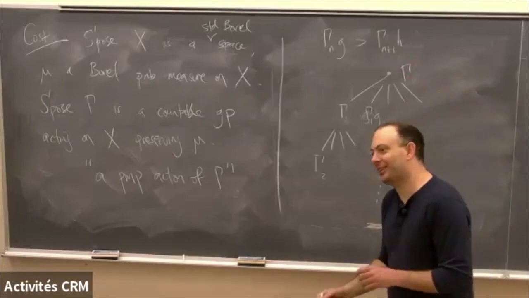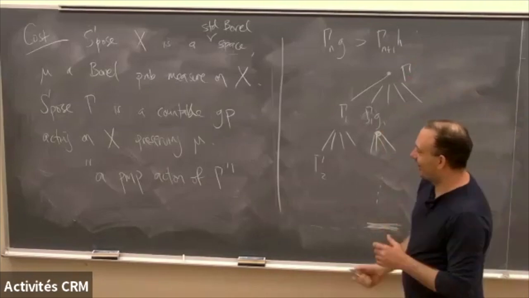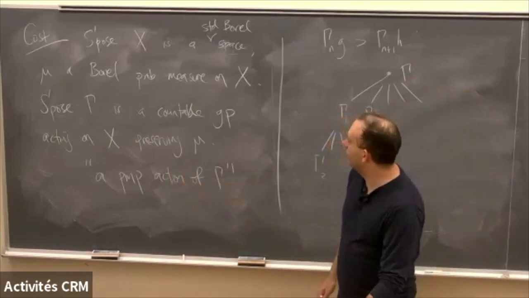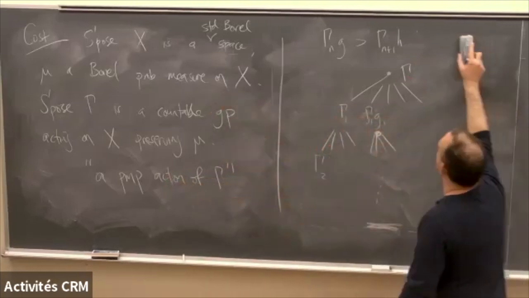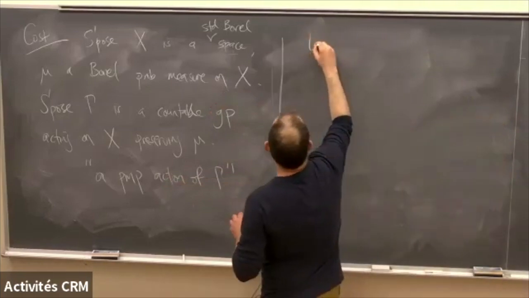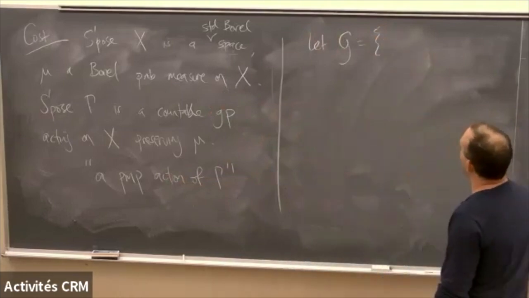So this is a PMP action of Gamma, where PMP means probability measure preserving. So you act preserving this probability measure. And from this setup, I'm going to define for you this object G. What's this G?